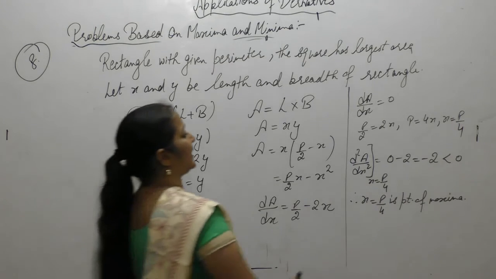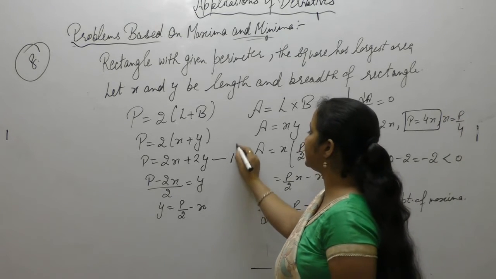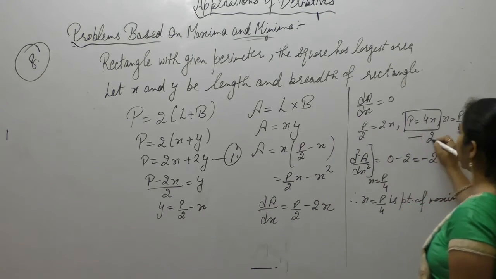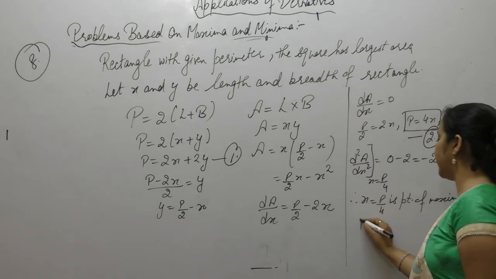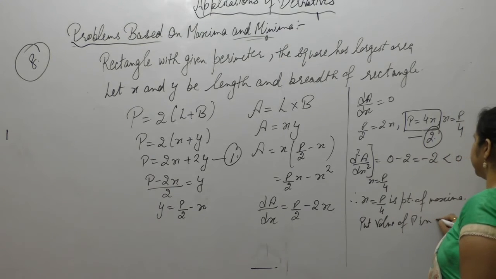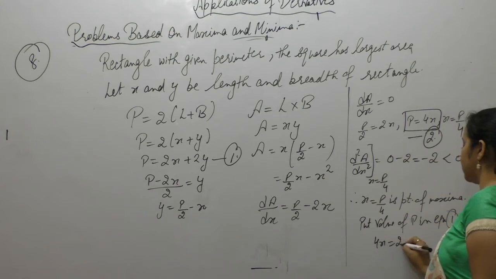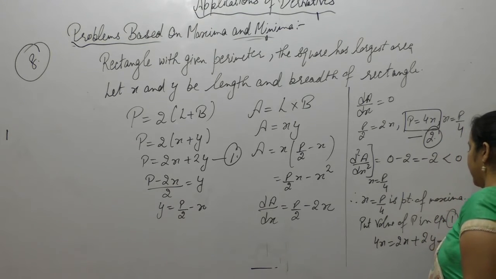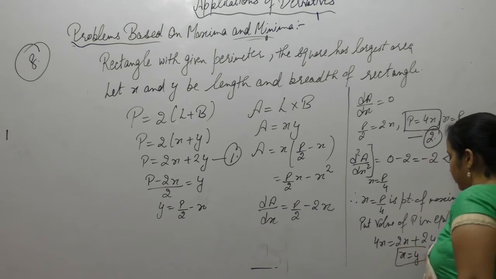From here we get P as 4x; let this equation be 1 and this be 2. Put the value of P in equation 1. So we get 4x is equal to 2x plus 2y. So it implies 2x is equal to 2y, that is x is equal to y.